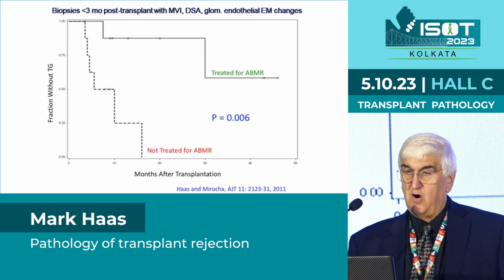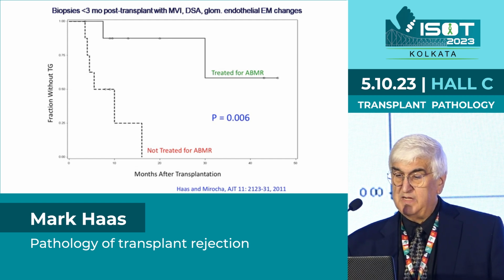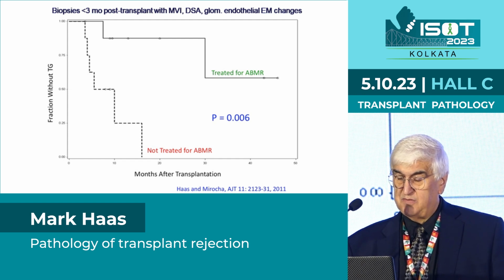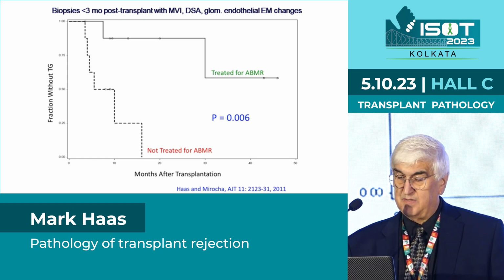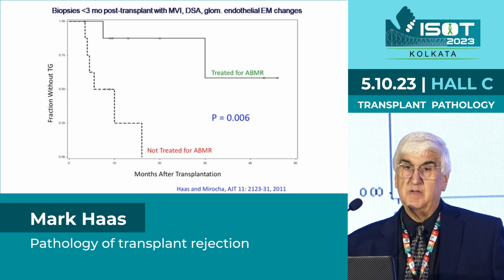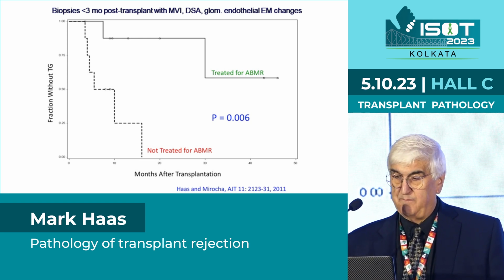And when all 3 of these lesions were present on early transplant biopsies, when these patients were not treated for antibody-mediated rejection, they invariably progressed to overt transplant glomerulopathy, but in many cases, this progression could be halted by treatment, suggesting this is an early lesion that is still potentially reversible.